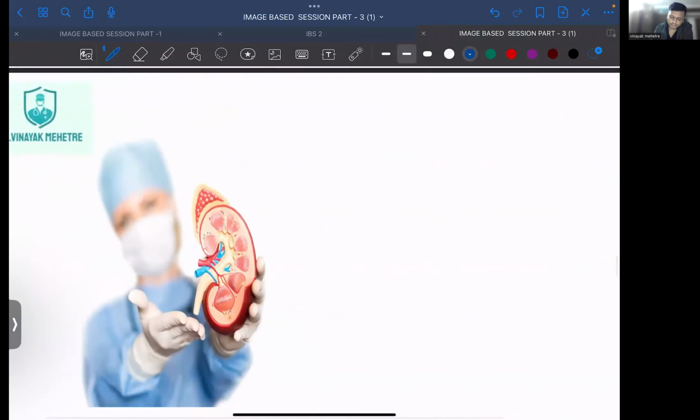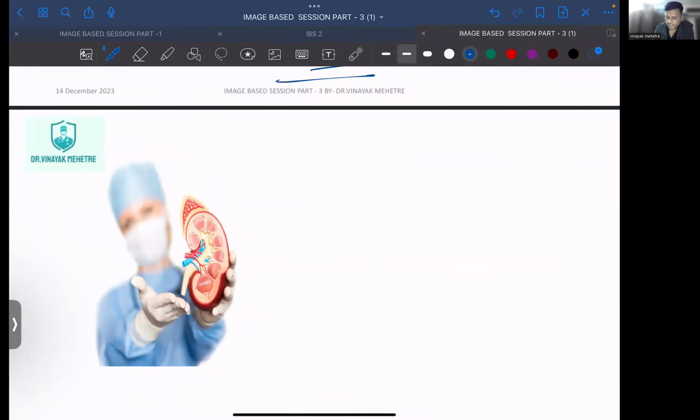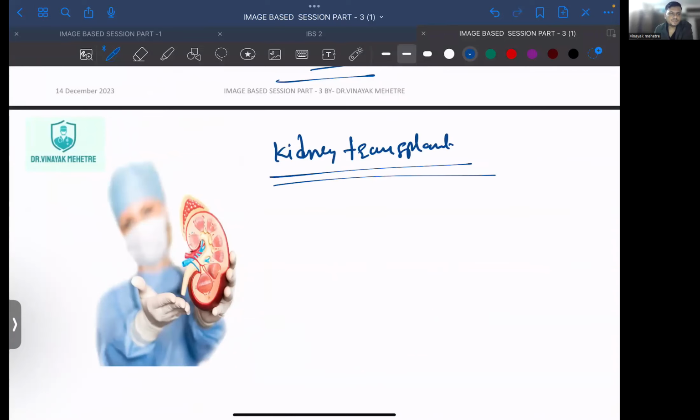Now tell me about kidney transplant. How many HLAs do we need to match, and which is the ideal donor or best donor? How many HLAs should match?